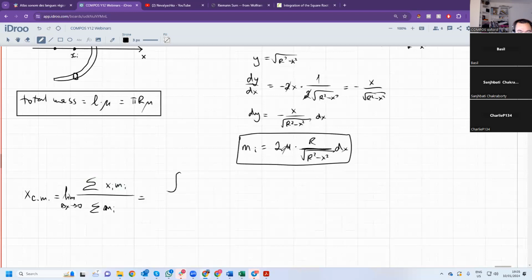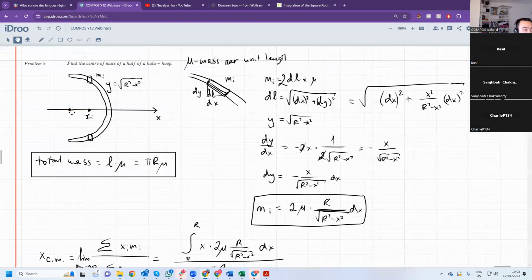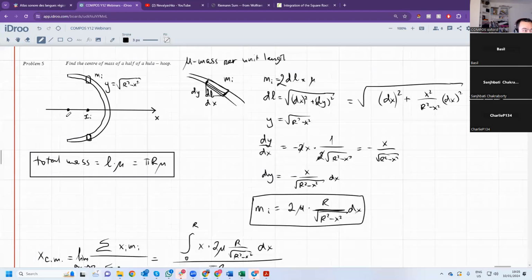It's the integral of x multiplied by m, which is 2 mu r divided by the square root of r squared minus x squared, dx, divided by the sum of mass, which is pi r mu. The limits of integration are from 0 to r.